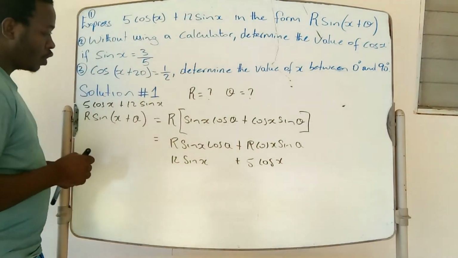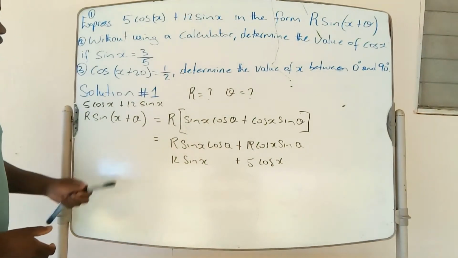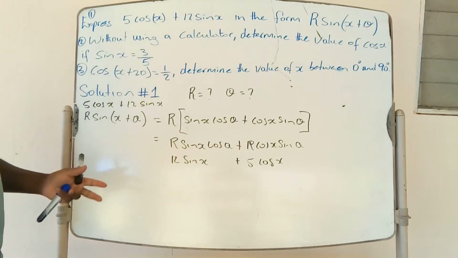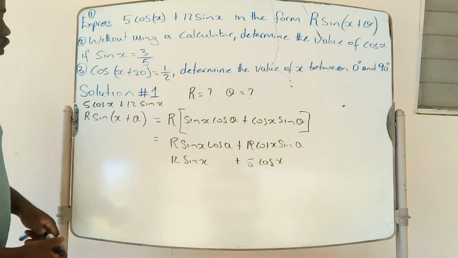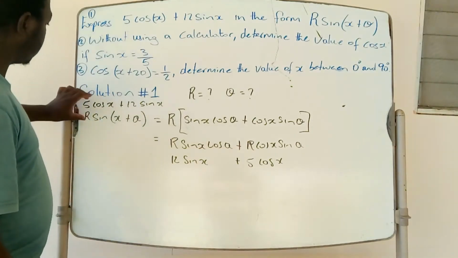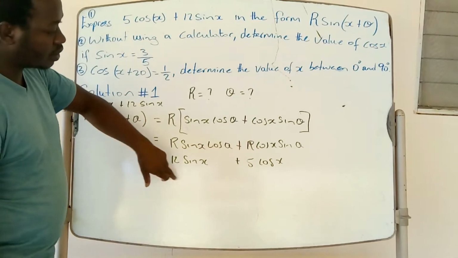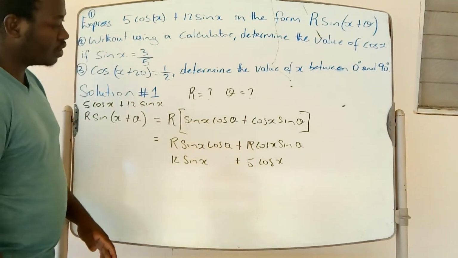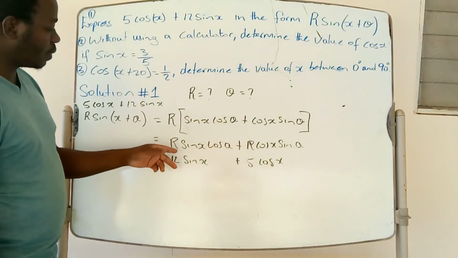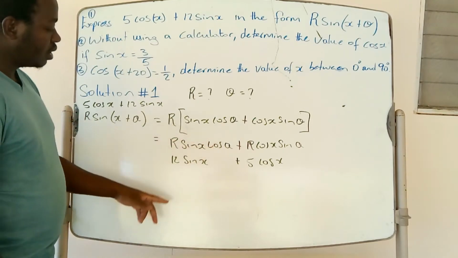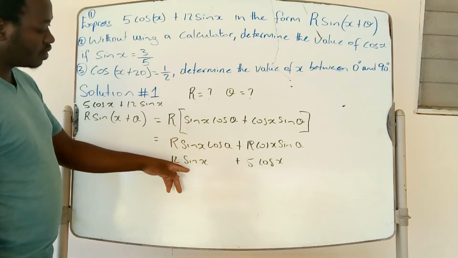Remember that addition is commutative, so the order does not matter in which we add things. We are not changing anything. So now, if these two things are equal, it means that this part is equal to this part, and this part here is equal to this part. But note, in this part we have r sine x cos theta, and in this part we only have 12 sine x.